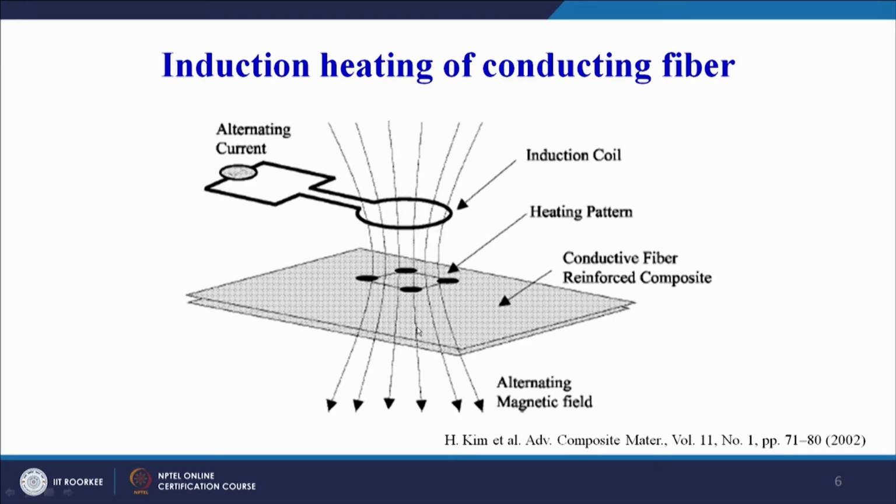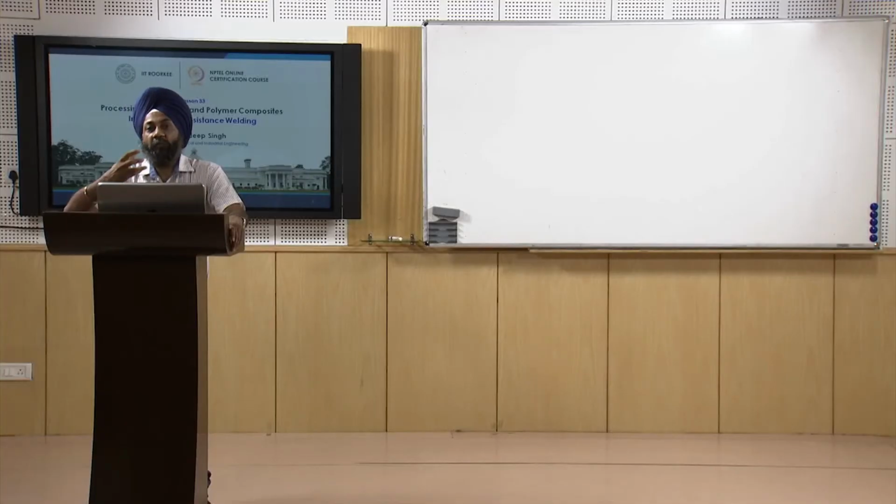And once you have the induction heating effect, what will it do? Because the fiber is conducting, in this case it is a conductive fiber reinforced composite, what will happen? In the previous slide we have seen 3 major types of effects that come into picture due to the induction heating: Joule loss, and then the dielectric hysteresis heating as well as the contact resistance heating.